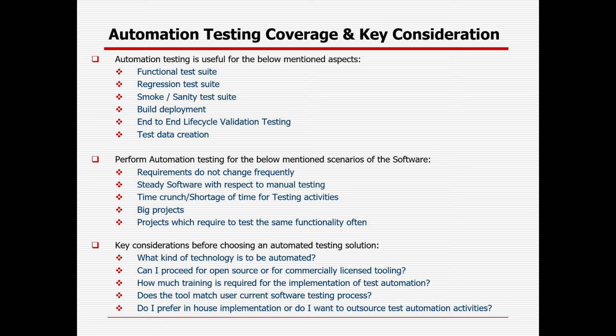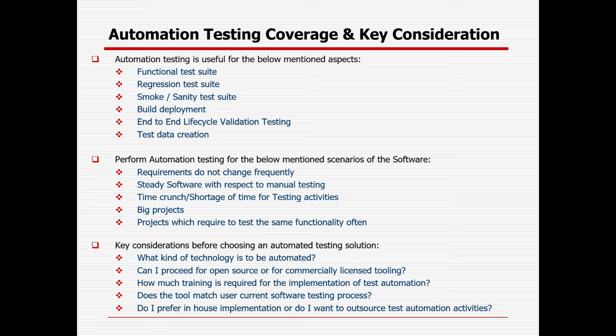so that for those stories, the requirement will mostly be stable. And with respect to manual testing, your application should be stable enough, otherwise you cannot proceed, because in automation testing sometimes you need to go for some flow of testing. So until your application is stable enough, you cannot proceed much with the automation testing. Sometimes there is a time crunch or shortage of time for testing activity, so those are the things where you can start automation.